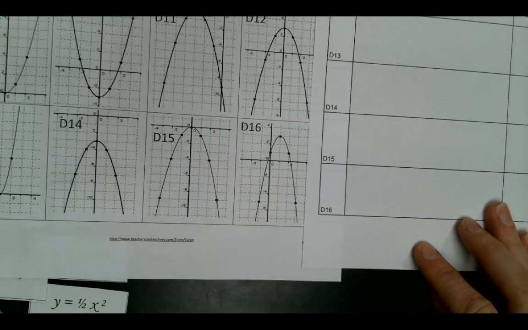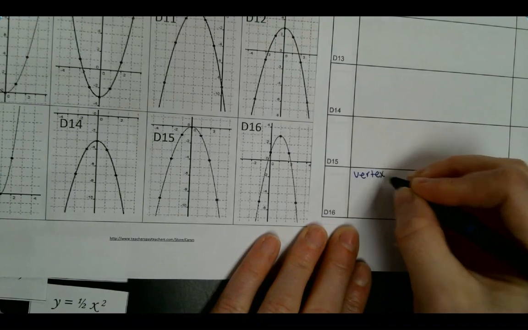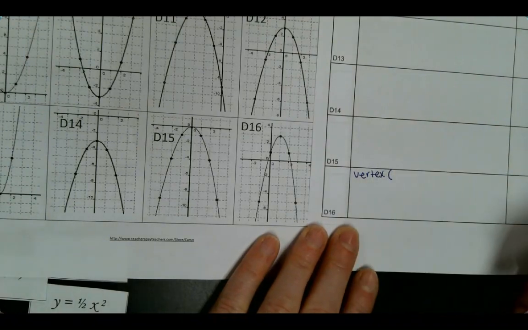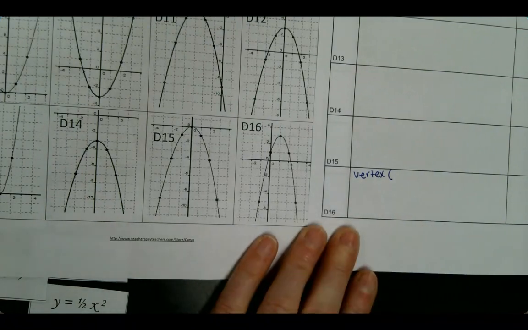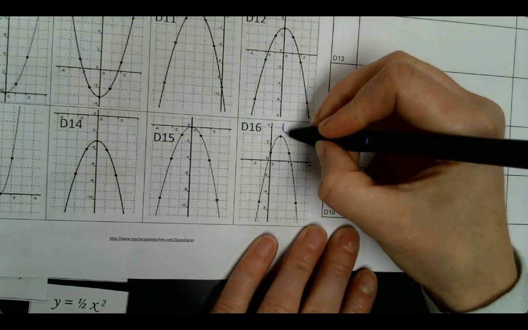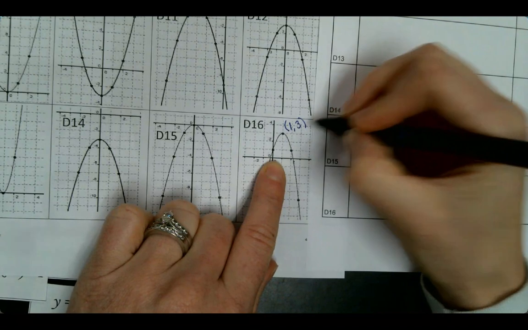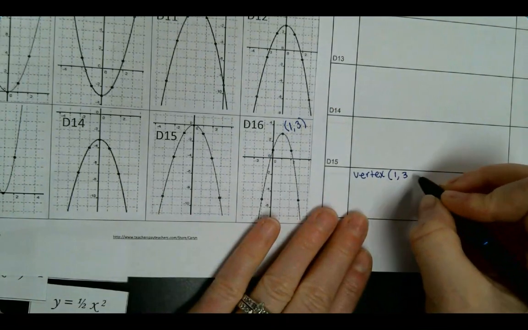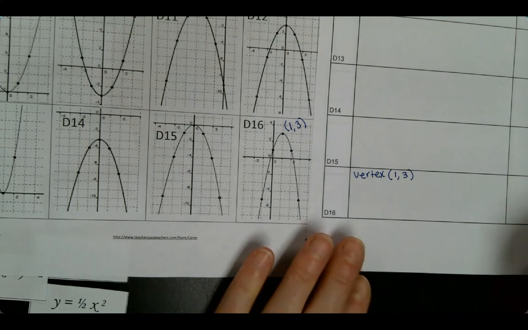All right, so let's find our vertex first. What's the vertex? 1, 3. Okay.